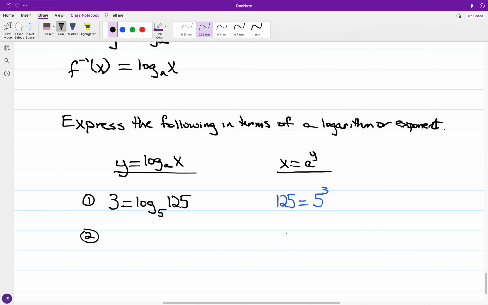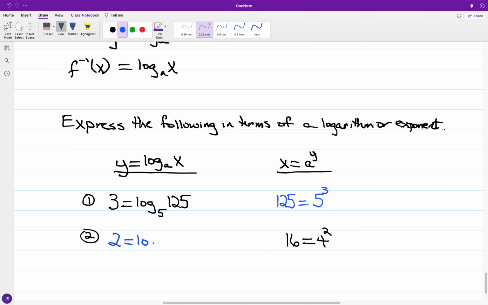And let's say that as a second case, now we'll just present the exponential statement. Say we have something like 16 is equal to 4 raised to the second. So x is 16, a is 4, y is 2. And so for y, that's going to be 2. Your logarithmic base is going to be 4.